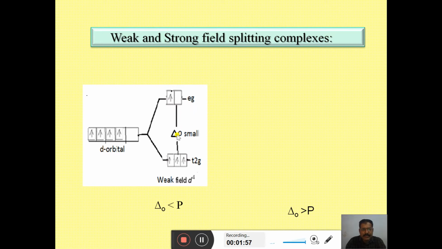The difference between them is delta O for octahedral, and it is a small difference. So we fill the electrons here, 1, 2 and 3, and the fourth electron will enter the eg level because delta O is small.